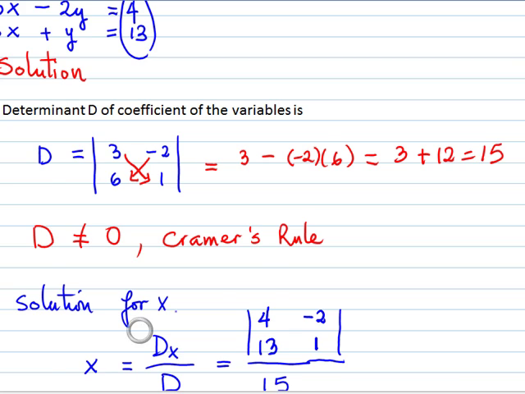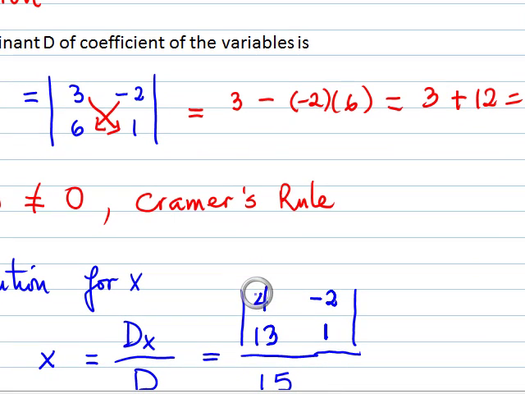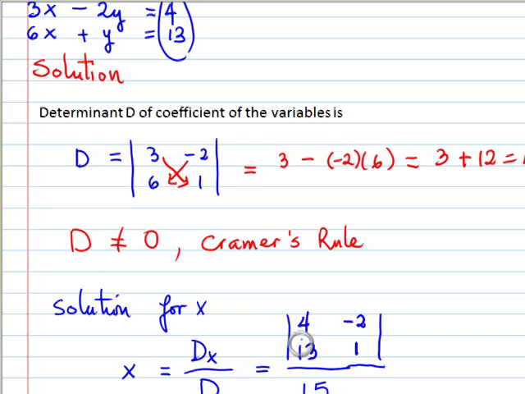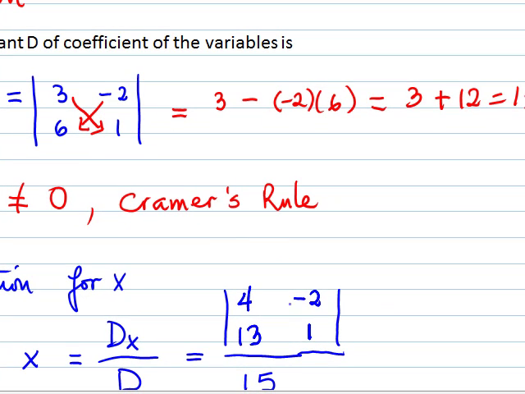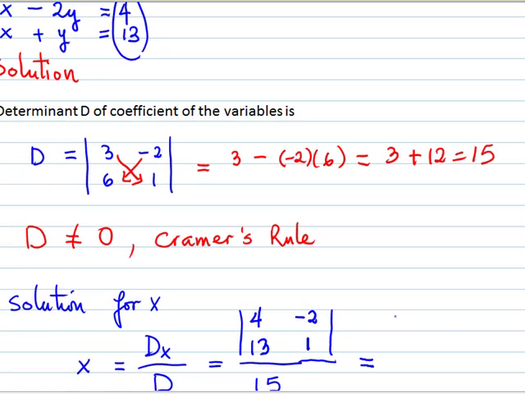So to solve for x, we actually replace the x coefficient in here by this constant. And then for the y coefficient here, it will stay the same. And then we simplify.